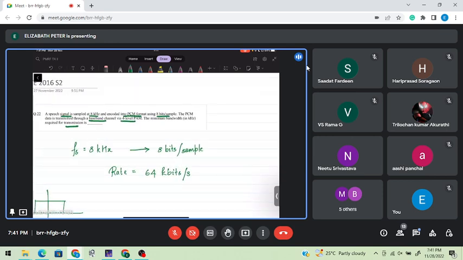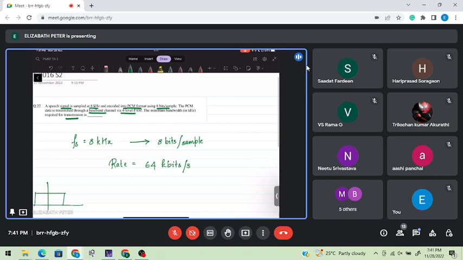It says this PCM data is transmitted through a baseband channel via 4-level PAM, right? So in baseband channel, we transmit each bit using some pulse shape. Sometimes we may use rectangular or sometimes we may use raised cosine. So we use this pulse shape to transmit the bits through the channel, right?